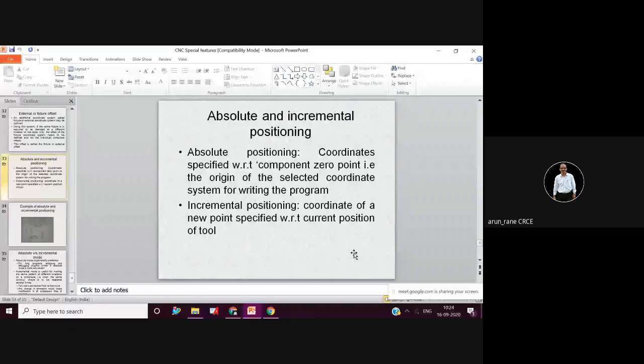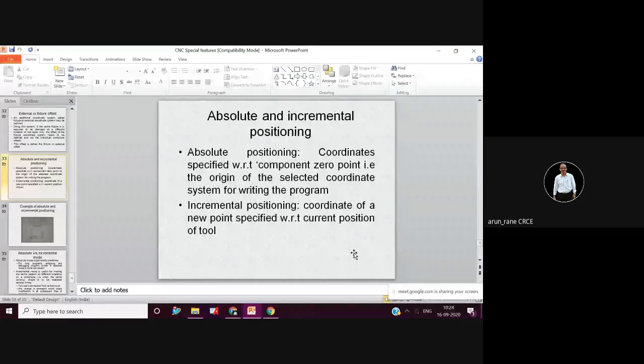Then absolute and incremental positioning. Absolute is with reference to some fixed point. The normal Cartesian coordinate system is your absolute system. With respect to the origin, you are specifying your points.